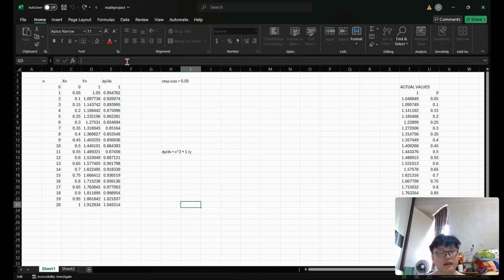If we take these values and see the difference, which would be D23 divided by D24, times 100, we have an approximation of about 0.1% difference from the actual. And that's about it.